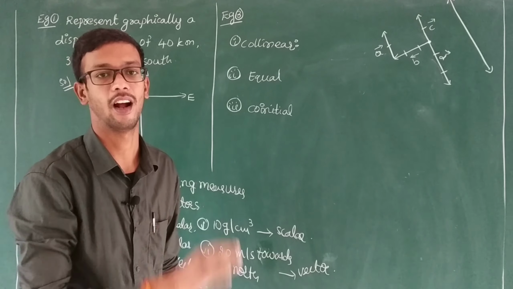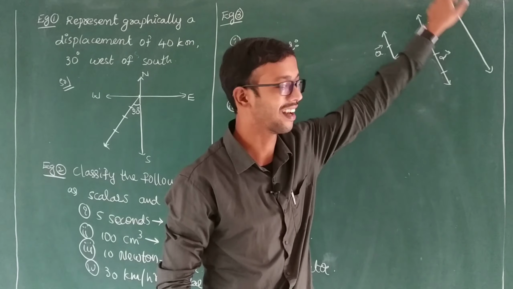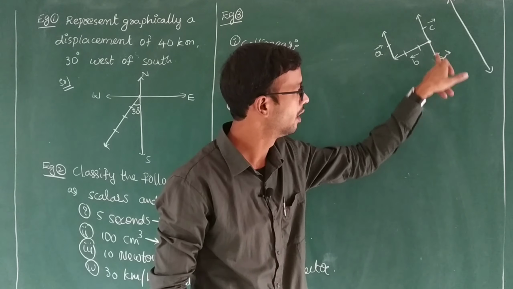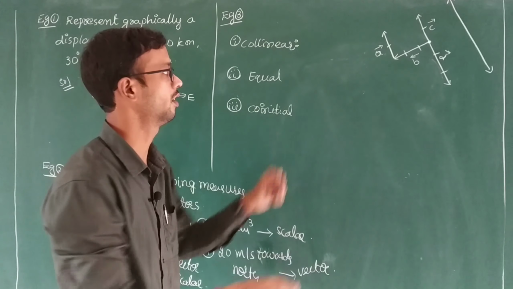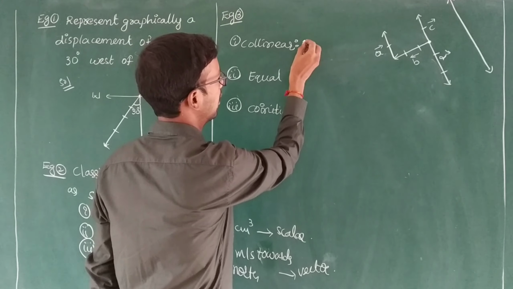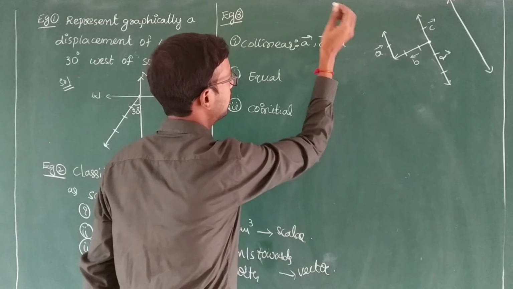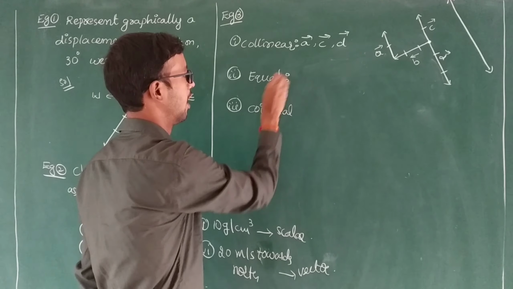Those vectors are called collinear vectors. A bar is parallel to the line, C bar is parallel to the line, D bar is also parallel to the line. So 3 vectors are parallel to the same line. Those are A bar, C bar, D bar, the collinear vectors.